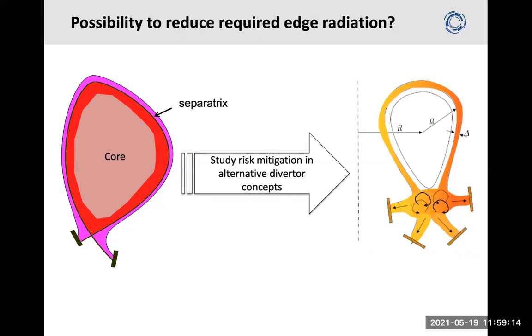And the idea is that there is some magical process that redistributes power among now not 2 targets, but up to 4 targets. And by doing so, if you distribute the power to more targets, you increase the wetted area, so the area where the plasma is in contact with the components, and thereby you reduce the heat flux per component or per square meter. So this is the basic concept.